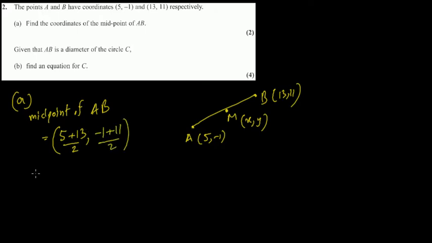So if you want to find the midpoint directly, you can write midpoint of AB equals x1 plus x2 divided by 2, y1 plus y2 divided by 2. So this is going to be 5 plus 13 is 18, 18 by 2 is 9. 11 minus 1 is 10, 10 by 2 is 5. So 9 5 is the midpoint of AB.